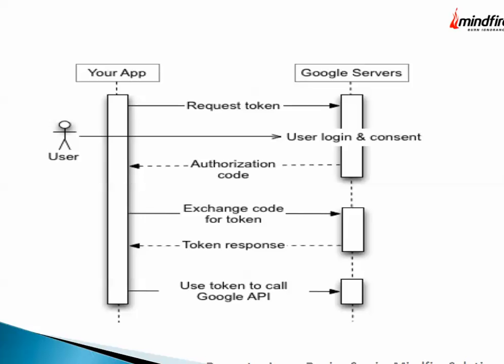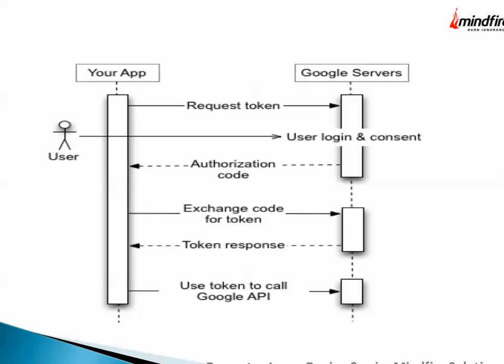You need to authenticate on the Google site, and your application will get an authorization code. Your application then shows this authorization code to the authorization server. After the authorization code is successfully authenticated, the authorization server will return an access token.